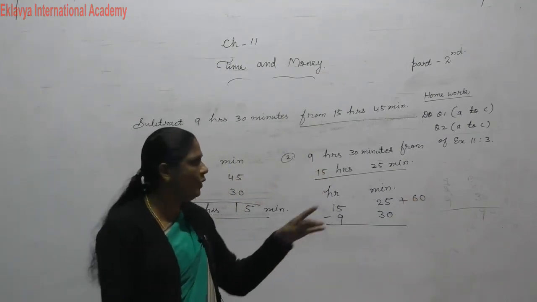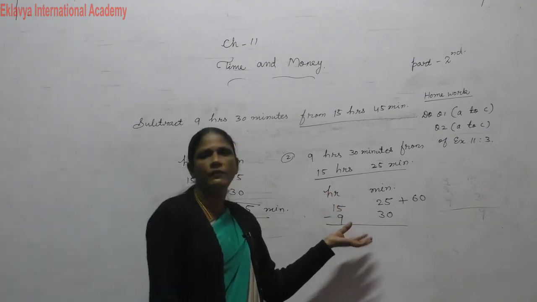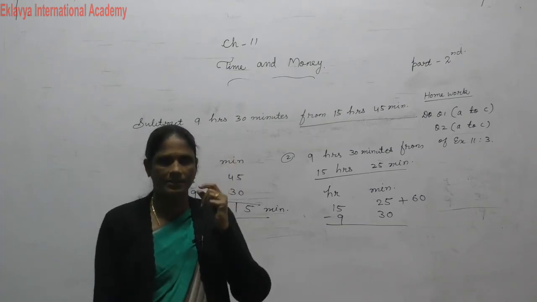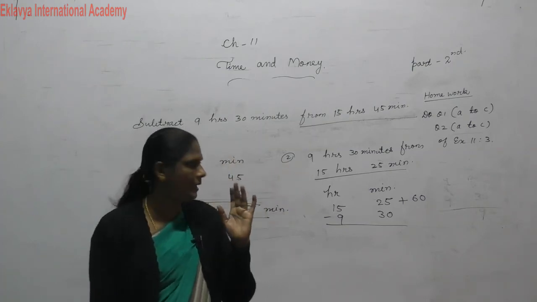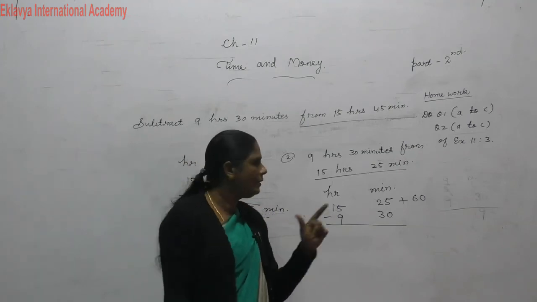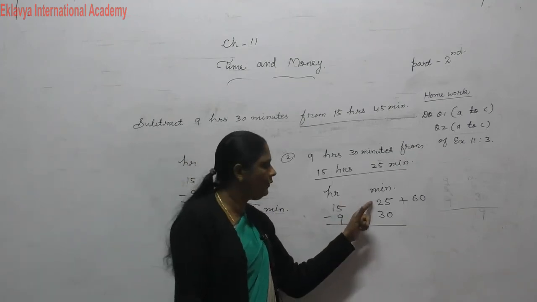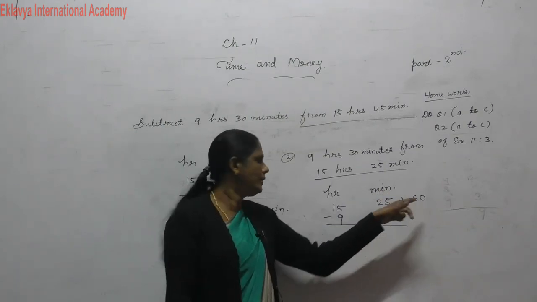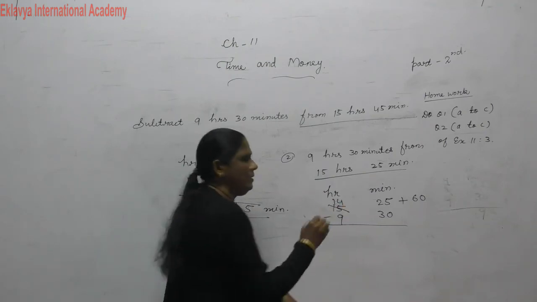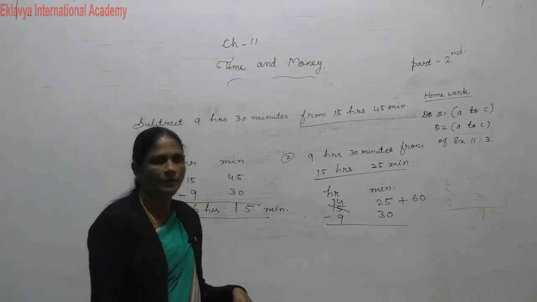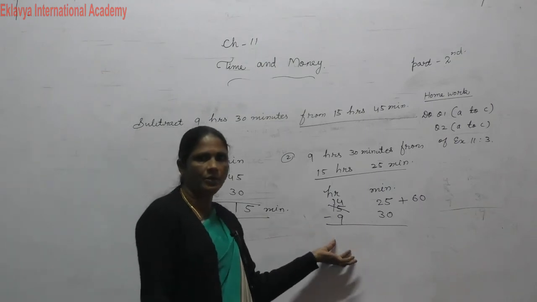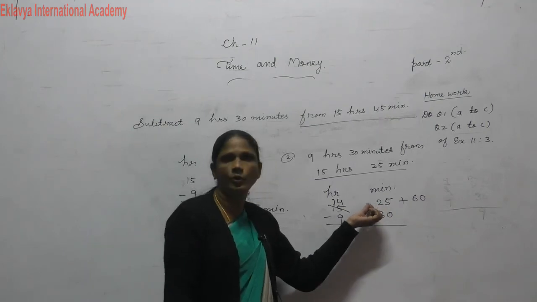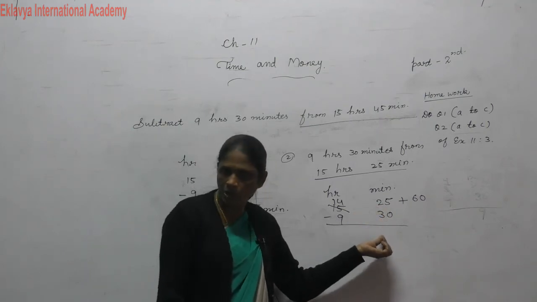Do you understand? In an ordinary case, no. In time, we take 1 hour, not a ten, not a hundred. We take 1 hour. Therefore, we add 25 plus 60. Okay. Then this becomes 14. Understand? Then 30 minutes take away from 25 minutes is not possible.